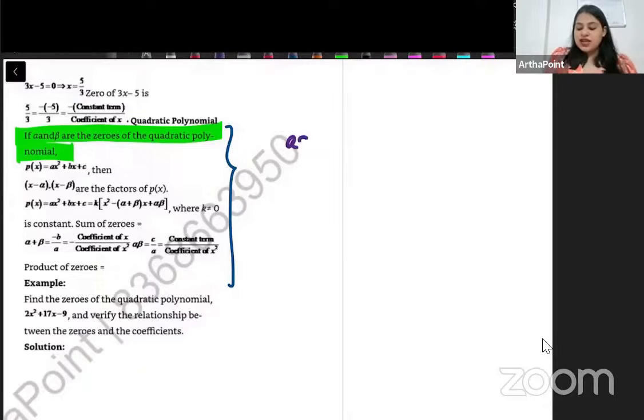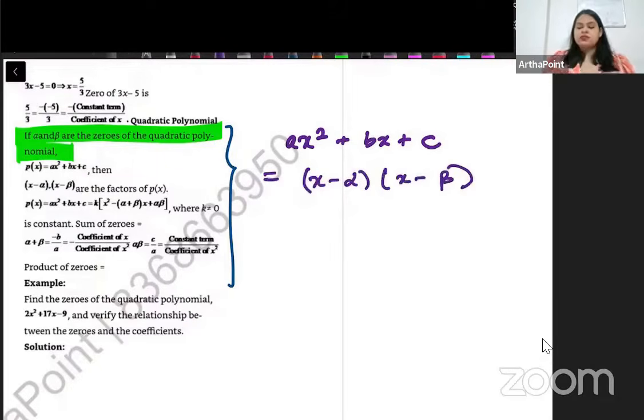My equation is ax square plus bx plus c. This is your polynomial. Okay. When we factorized this polynomial, like we did right now, we got x minus alpha, x minus beta.